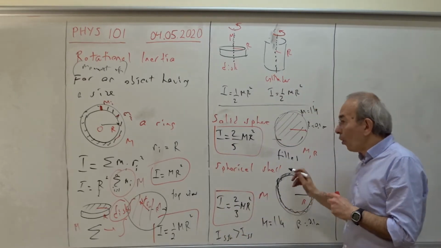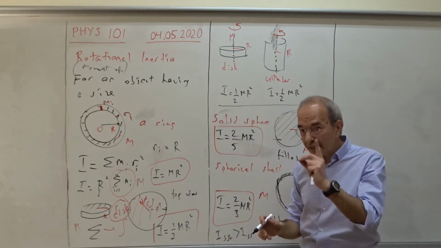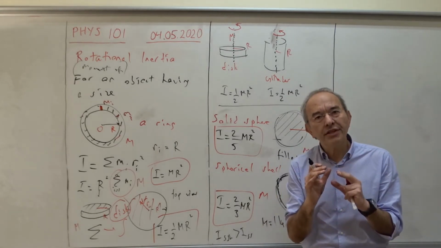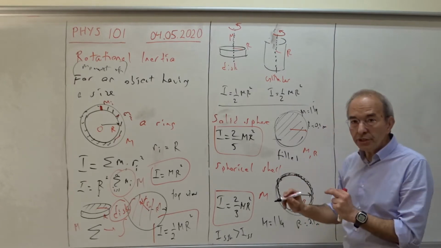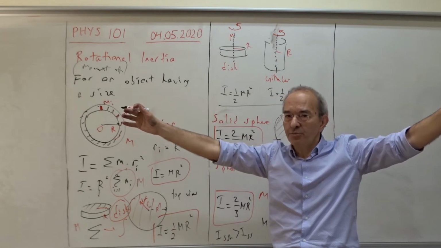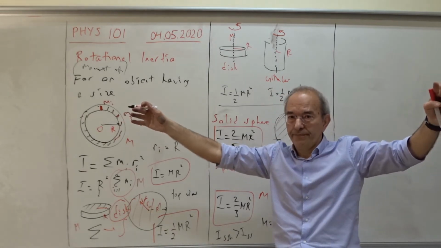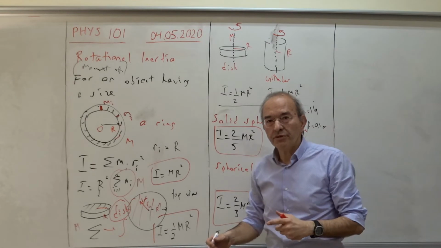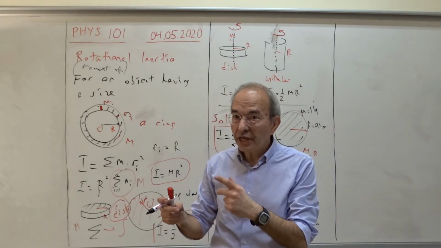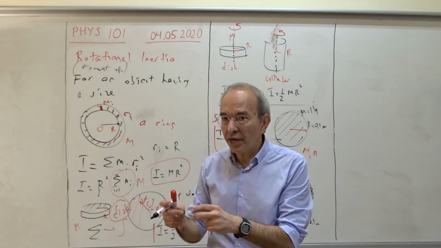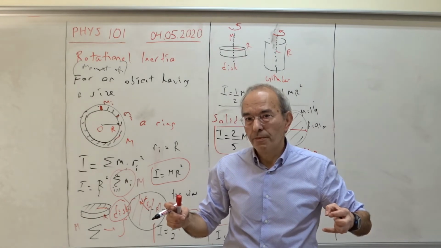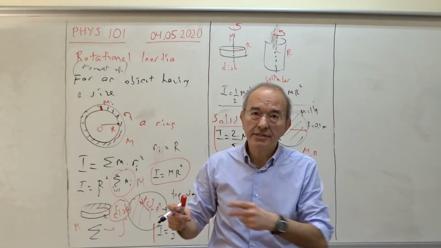However, here, the total mass of 1 kilogram is concentrated in a small region, and that small region is as far away from the axis as possible, which is the radius. As we have seen from the previous examples, we attached 3 balls along the rope, and the greatest inertia was obtained for the case where the heaviest objects are attached at the end of the rope, or as far away from the axis as possible.